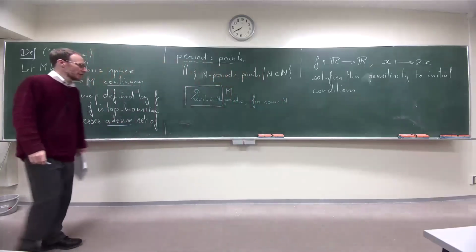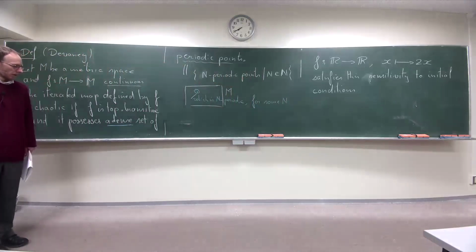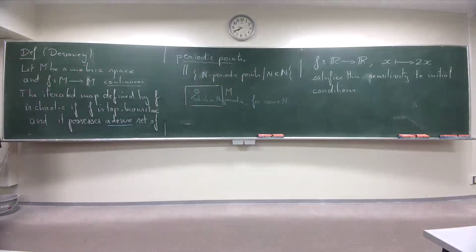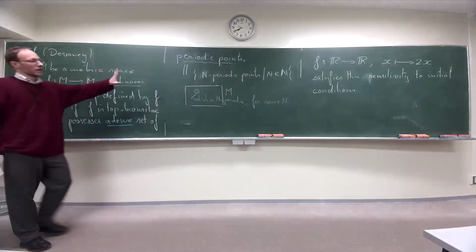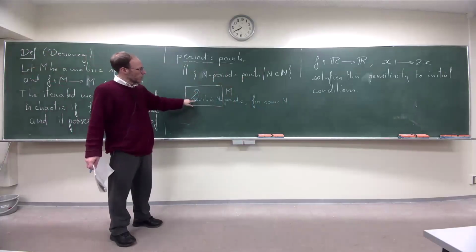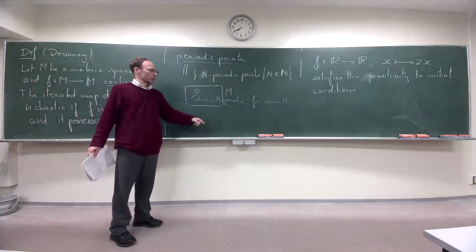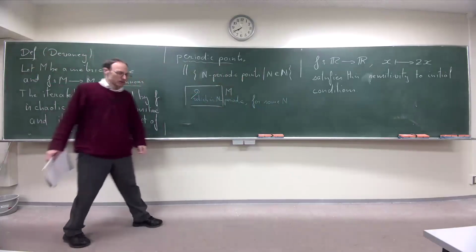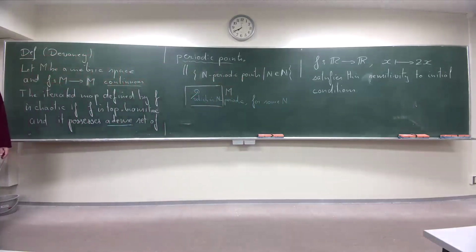This is the notion of a dense set of periodic points. So in the set M, any ball contains at least one n periodic point for some n. It's a bit surprising that this is a definition of chaos, but in fact, this is the point.